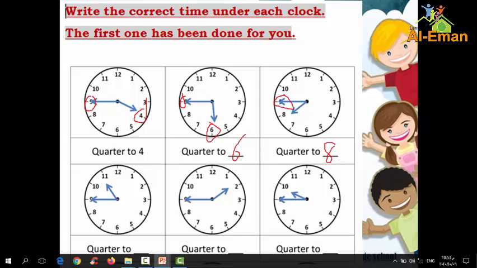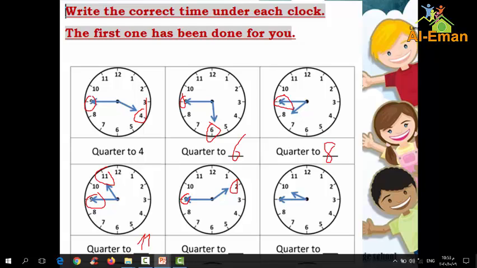Another one. Short hand points to 11, but long hand points to 9. So what's the time? It's a quarter to 11. That's great. The fifth one. Short hand points to 2 and long hand points to 9.